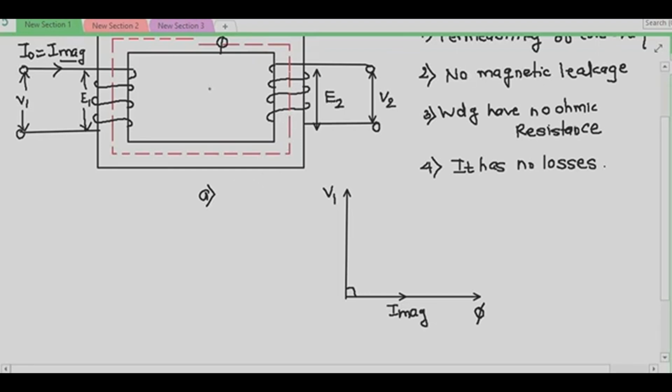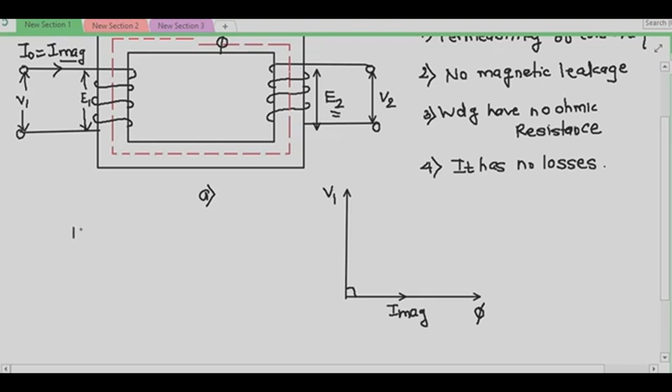Now we have assumed that this current is very small, which sets up the flux phi. This flux induces E1 of self induction in the primary winding, which will counterbalance the applied voltage V1, and it also induces the EMF E2, which is of mutual induction, in the secondary winding. The magnitudes of E1 and E2 are proportional to the number of turns of the primary and secondary winding respectively.